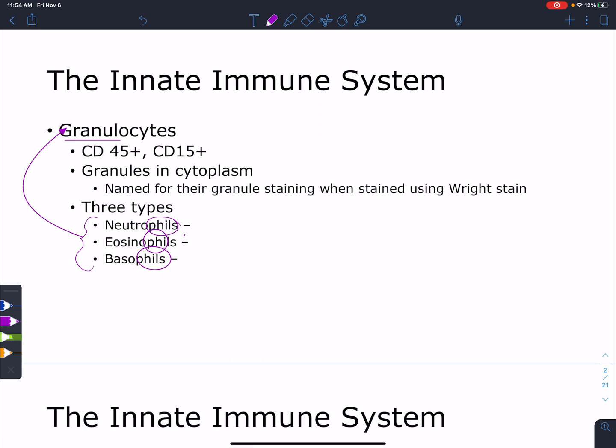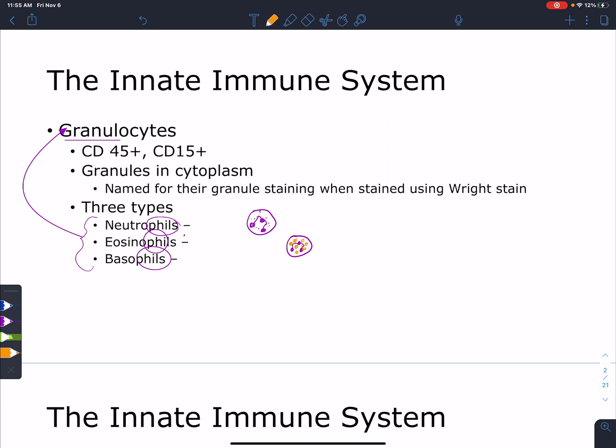Got it? Good. Okay, so our neutrophils, I'll draw a little picture. I drew one of these in the other slide for you, and it just has little granules. Our eosinophil, we're going to start out with a very similar cell, and then we're going to add orange granules all over it. That's what an eosinophil looks like.